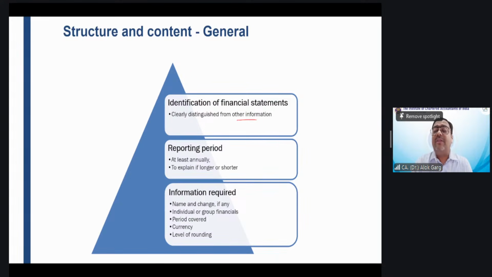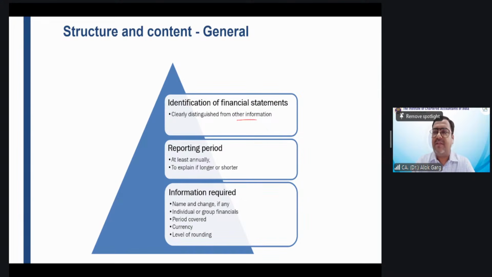Friends, annual reports are very thick documents, 300 pages, 400 pages, 600 pages. Does an annual report cover only the financial statement or some other reports also? It covers a lot of reports. For example, corporate governance report, BRSR report.